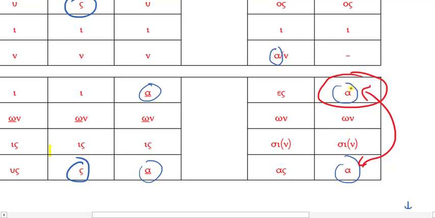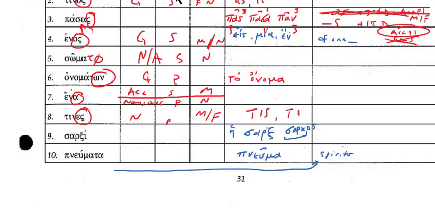Right? In the third declension. So would I ever want to parse this as neuter nominative plural? No. S can only be, if it's third declension, masculine or feminine. Not neuter. I'm going to put both here because when you're doing your lexical forms, it's a good idea to just memorize whatever the forms are that are available.